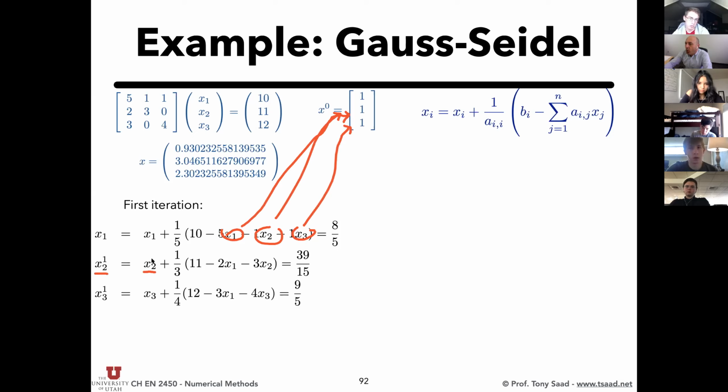We say X2 old, that's going to be this guy over here, plus 1 over 3, 11 minus 2X1. Which X1 do we use? Do we use the one over here or this one? Well, Gauss-Seidel says use this one. That's the most recent value that we got. In Jacobi, for this iteration, you would have used the one from the initial guess. And finally, X2, we only have an old X2, so we're going to go there.